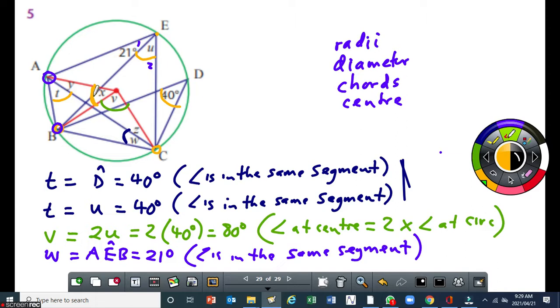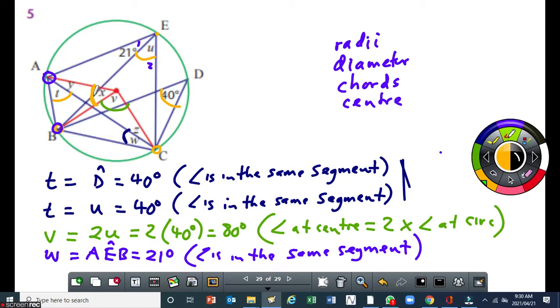Angle AEB. Okay? So, theorem 2. Angle at the center is 2 times angle at the circumference. Angle X is subtended by chord AB, but it's at the center. Angle AEB is subtended by chord AB, and it's at the circumference.